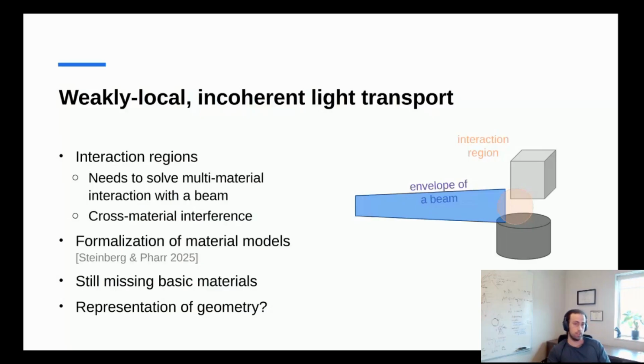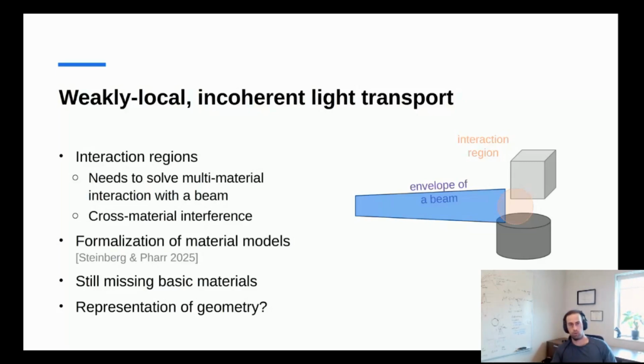Loss of locality gives rise to more problems. The interaction of light with matter now does not happen at a singular point, but across a region. The region where the elliptical cone intersects with geometry. It can be multiple triangles with different materials, so those are significantly more complex interactions.